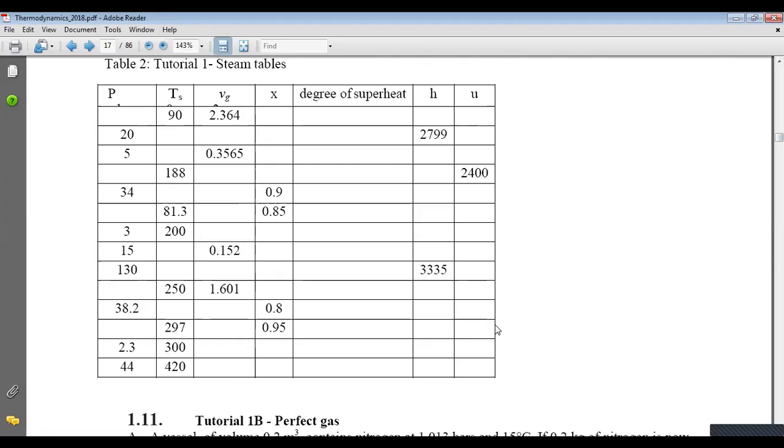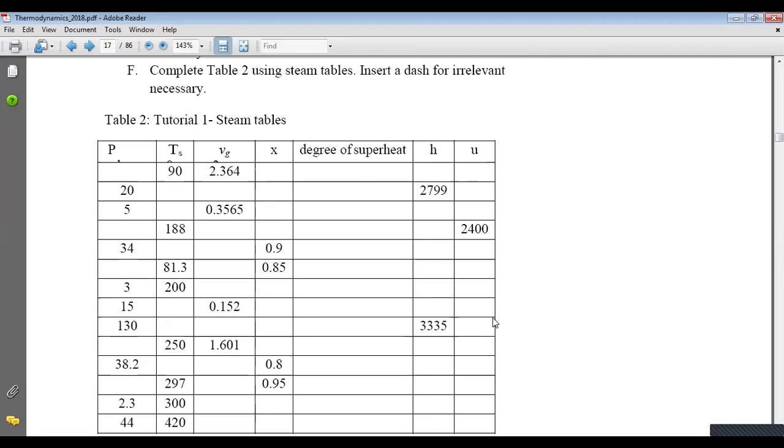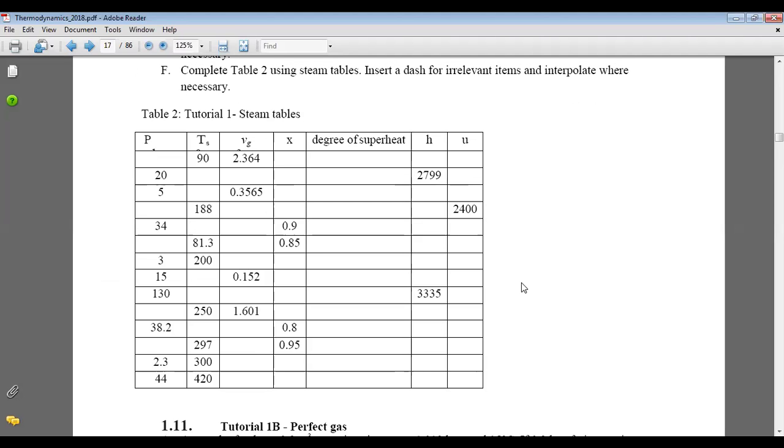Okay, steam table. Complete table 2 using steam tables. Insert a dash for irrelevant items and interpolate where necessary. Okay, this item. This item. You have to do this.